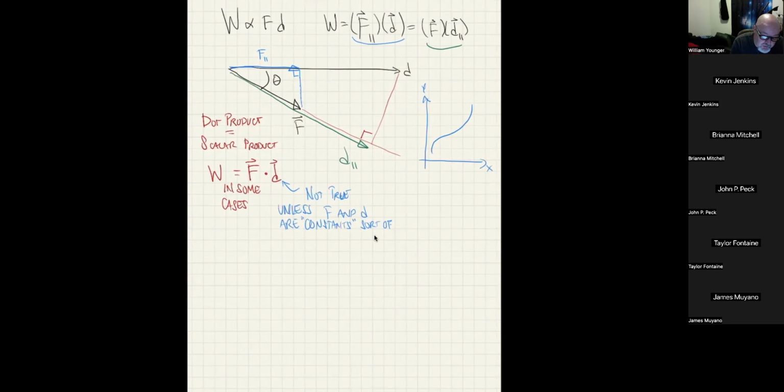And right here, the force might be that direction. And then right here, the force might be that direction. And here, the force might be this direction. And in that case, you've got to dice this little spot of path. You got to cut that up to as small segments as necessary so that you can assume that the force and the direction vector over that is roughly a constant, and then you just sum all those up.